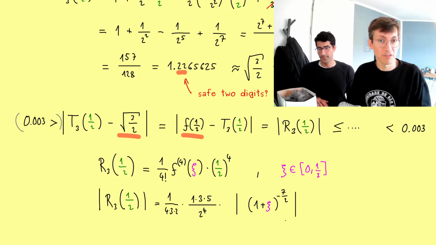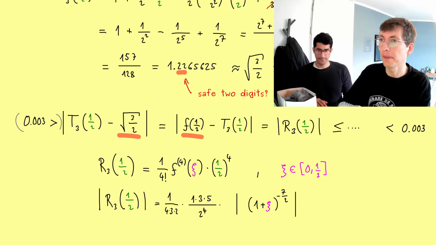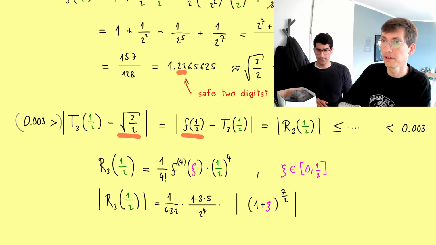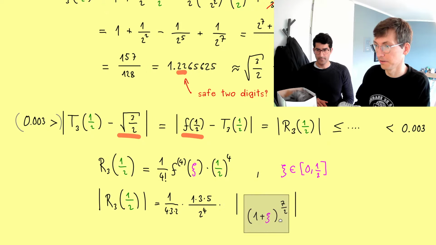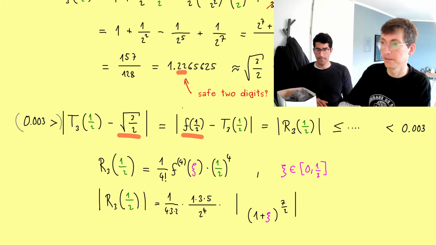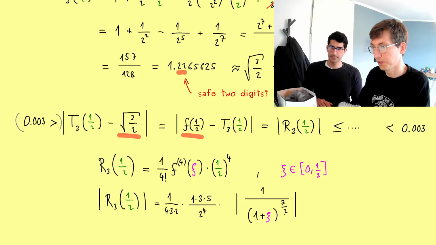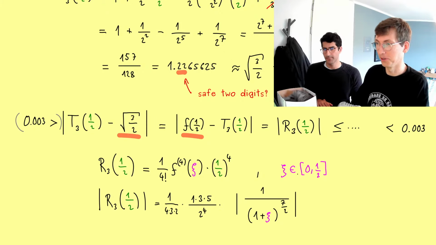So let's start with that. What can we say about the square root here? First of all, maybe we can put the minus sign away and say this is in the denominator. Then it looks much nicer already, because it tells us we divide by something which is bigger than 1.